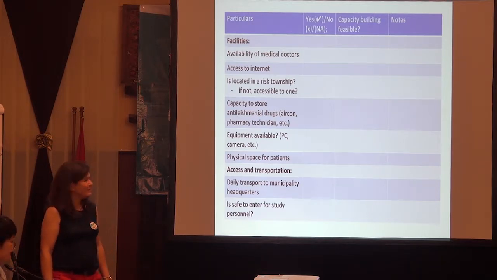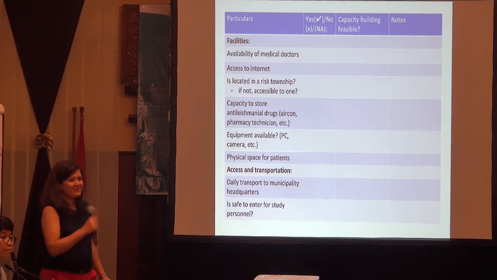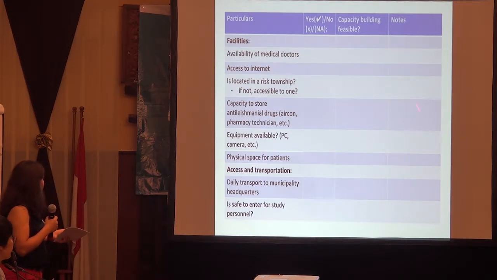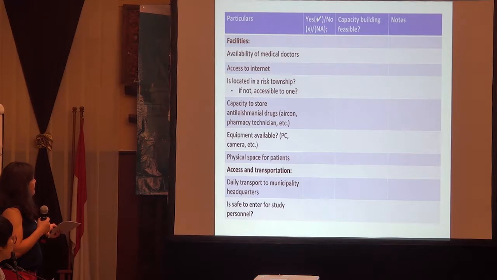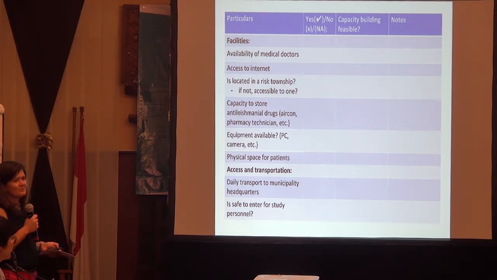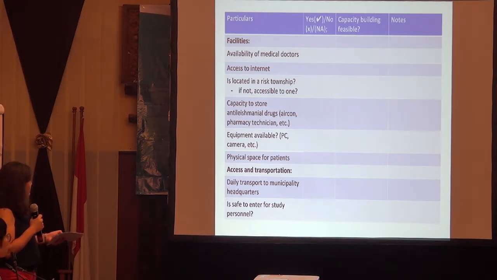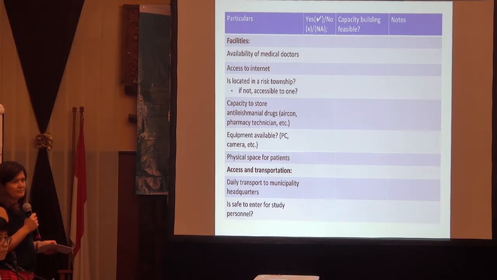Okay, so we decided to add some columns because we believe that there are things that we can handle. For example, if there is not a microscope, we can provide a microscope within the budget lines of the project. But if there are no medical doctors available, there's nothing we can do, because who is going to treat the patients? So we added a column on whether the capacity can be built for us or not, and that will help us make the decision whether to work there or not.